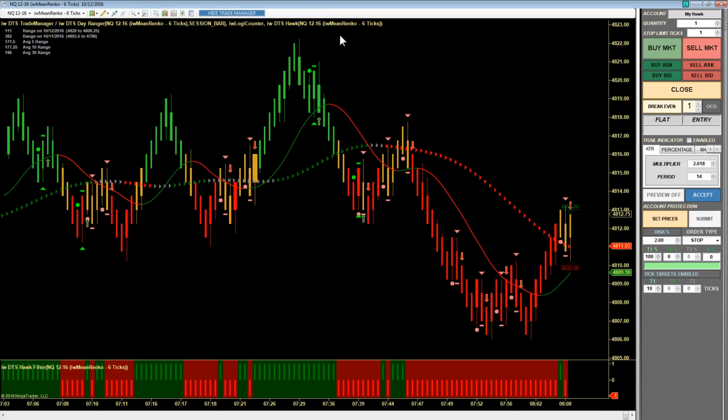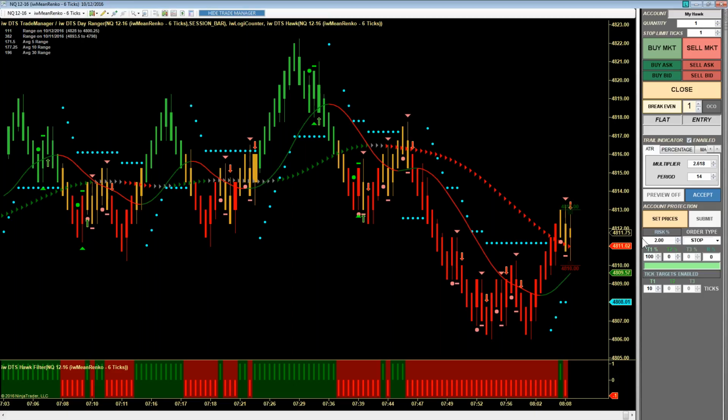It's not just giving you a signal generator. Shoot, you can get a signal generator anywhere, but you need a high probability signal, you need a way to manage your trade once you're in it, and you need to manage your risk. If you can do those 3 things, you will make money trading. I guarantee it.